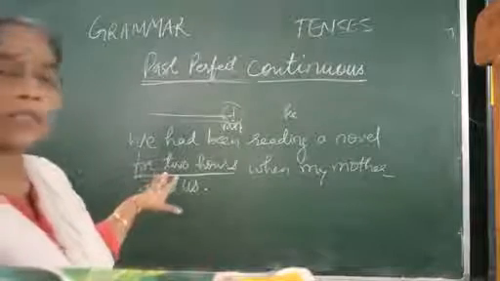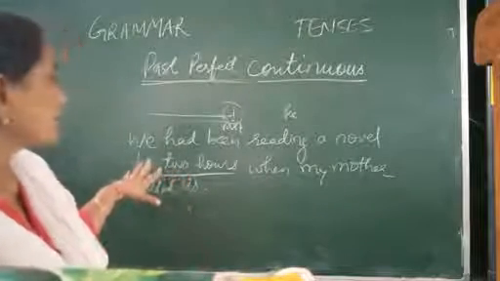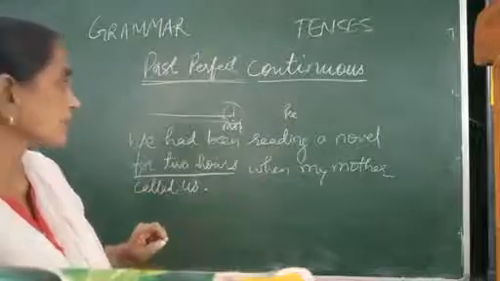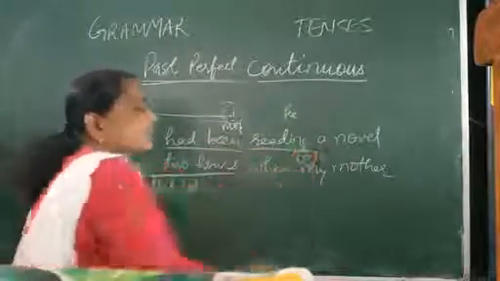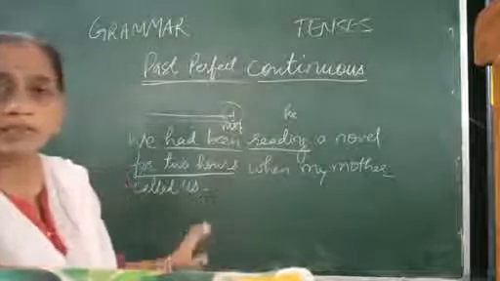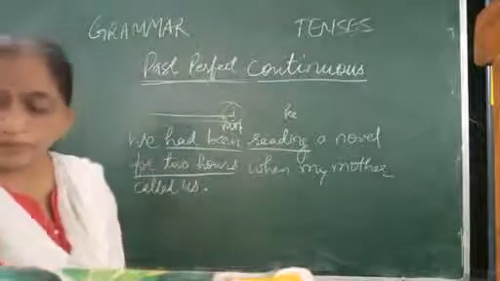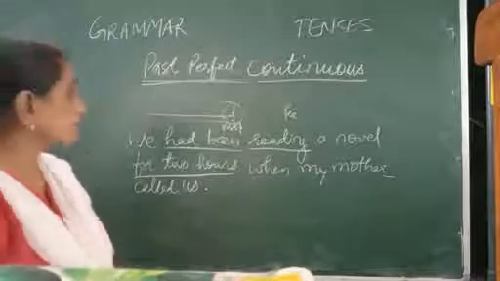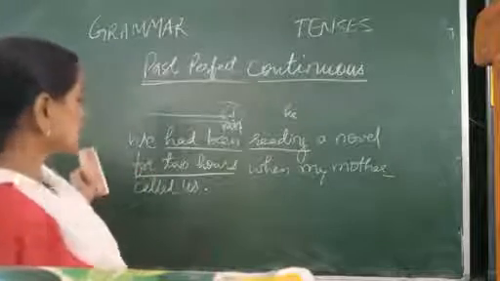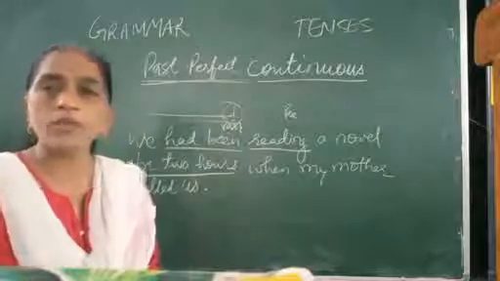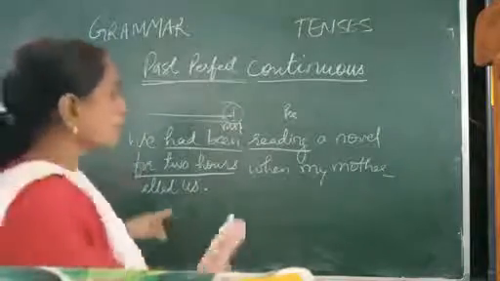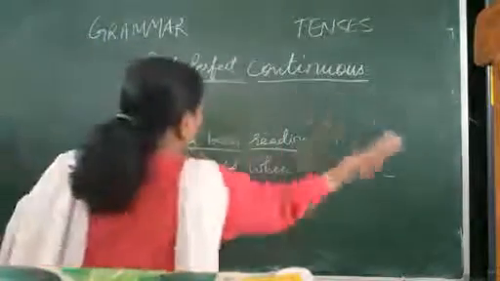We have to give the duration in past perfect continuous, and the helping verb is had been plus the ing form of the verb, as we did in the present perfect continuous tense. So in this tense also we have to show the continuity of an action at a certain point of time in the past.